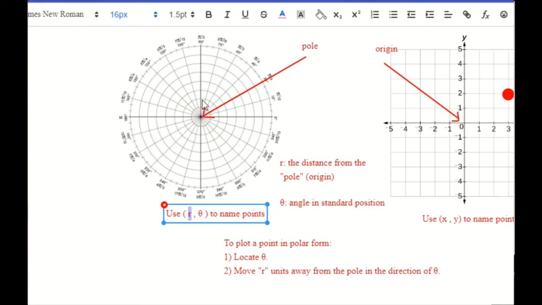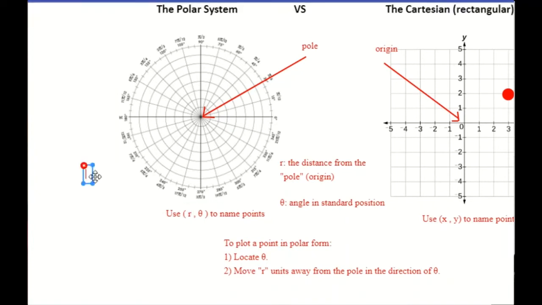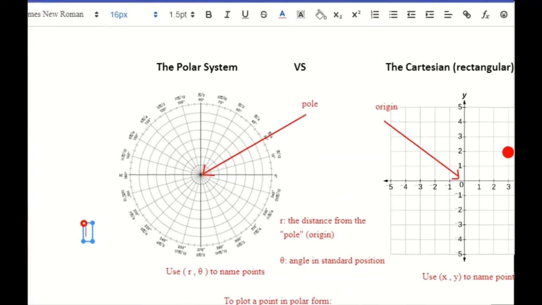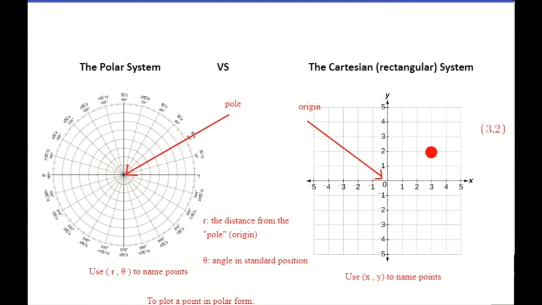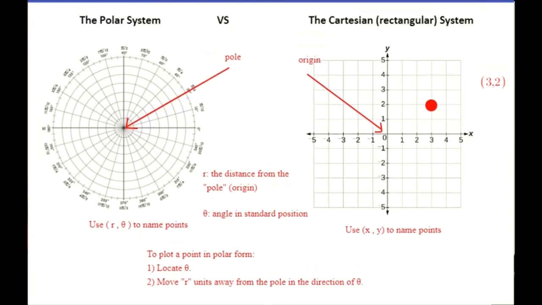So this is 1, 2, 3, 4, 5, 6, etc. So you would find your angle measure first, and then you would just go away from the pole that many units. So that's the idea here as far as the differences between the polar system and the rectangular system, otherwise known as the Cartesian system.